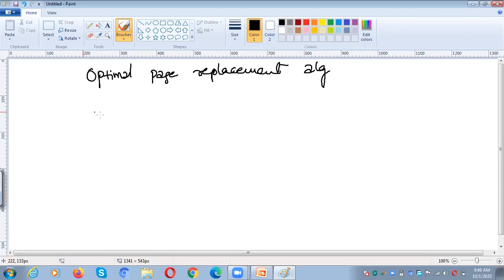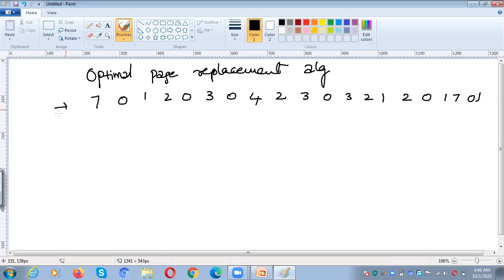For example, 7 0 1 2 0 3 0 4 2 3 0 3 2 1 2 0 1 7 0 1. So this is the reference string. In this also we will do one example. This is the reference string given in the textbook, and the next reference string has to be given by you.